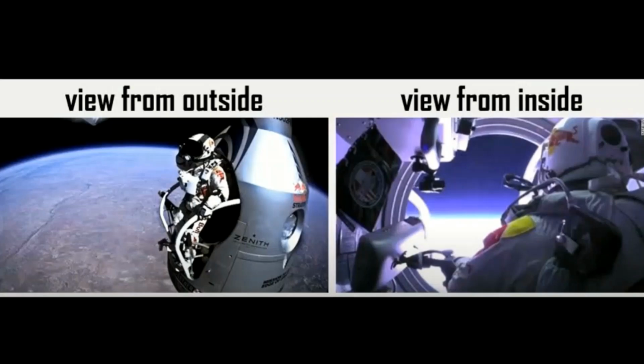This jump happened in New Mexico, and for this to be the curve of the earth from outside of the cabin, New Mexico would have to take up 2/3 of the world. And from inside, where the camera is at eye level, you can see the horizon is flat. I also think it's interesting that the horizon always rises up to eye level. But let's see what Neil deGrasse Tyson has to say about this.